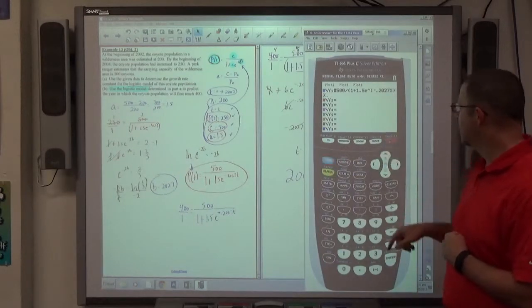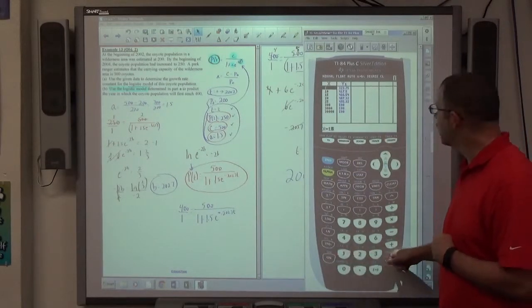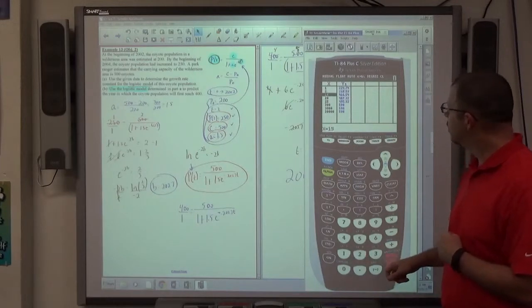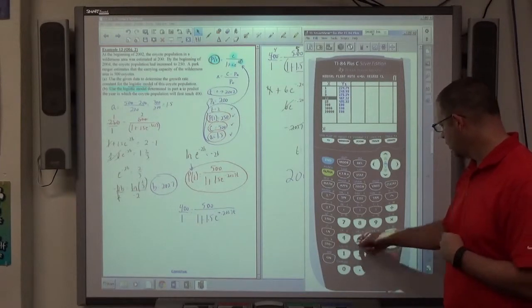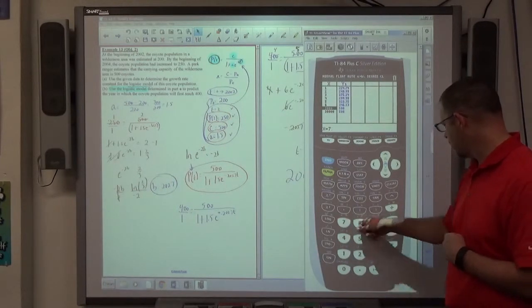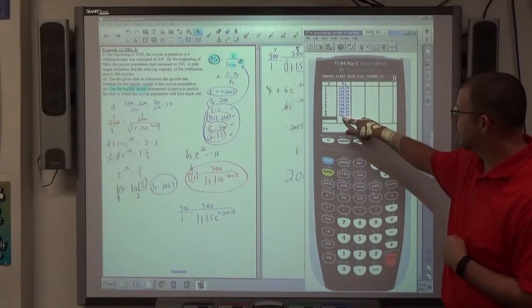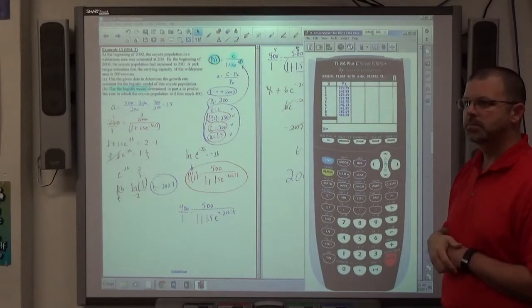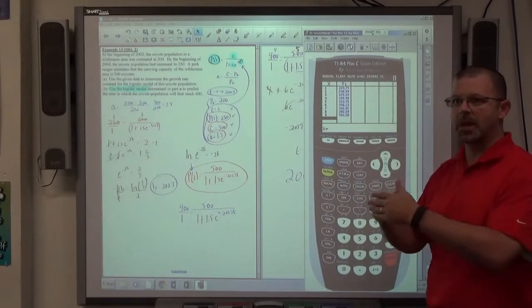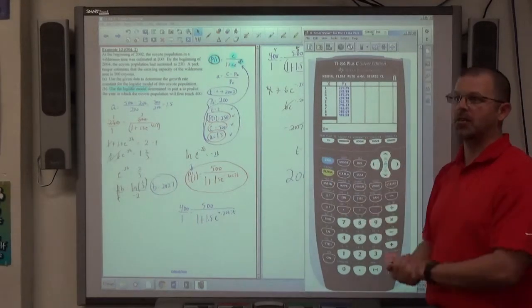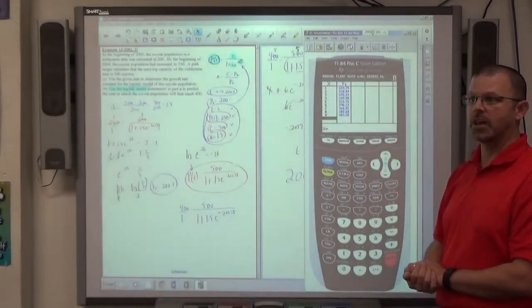Go to my table and just start typing in years. Year 1, 224. Year 2, year 3, year 4, year 5, year 6, year 7, year 8, year 9. We can see year 9 is 402, so it happened in year 8. By the time it got to 9, it was over 400. That means sometime during year 8 it was at 400 exactly, right?